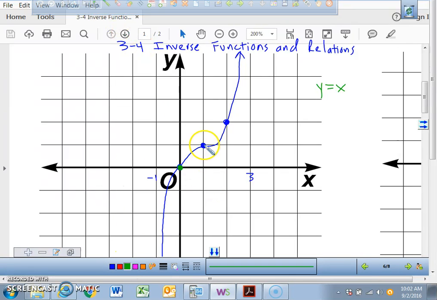One of them is at 0, 0, 1, 1, 2, 2, 3, 3, 4, 4. So follow that pattern, make those points all the way across, then use your ruler, line them up to the best of your ability, and draw a nice straight line all the way through those points.